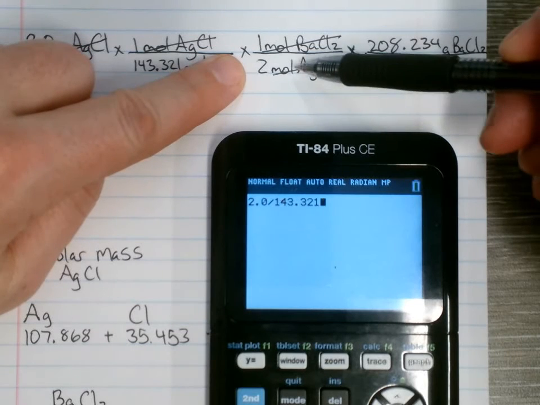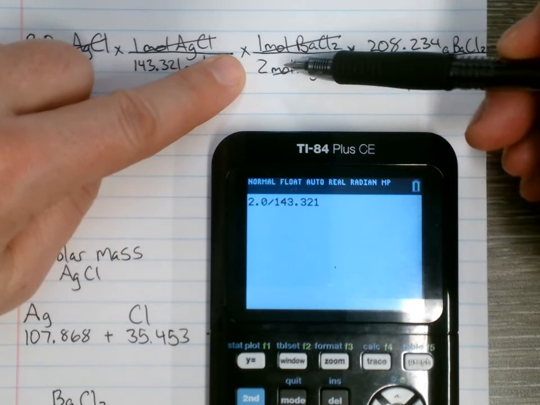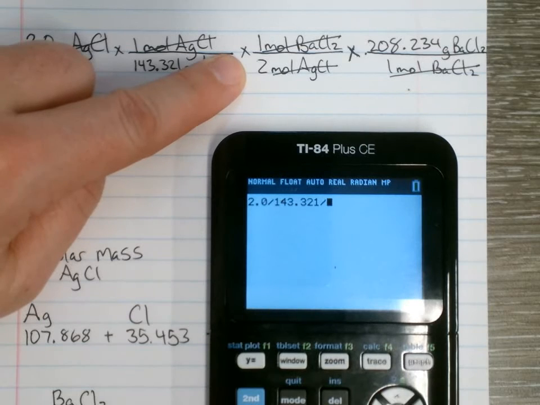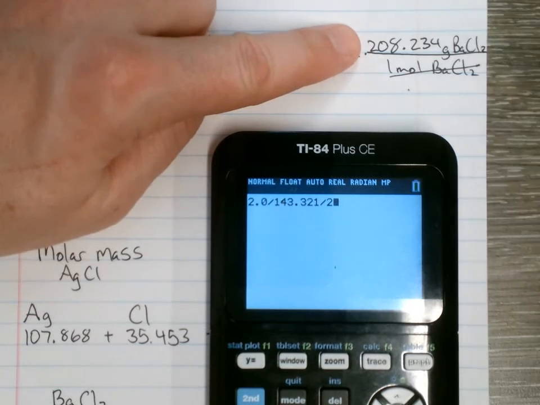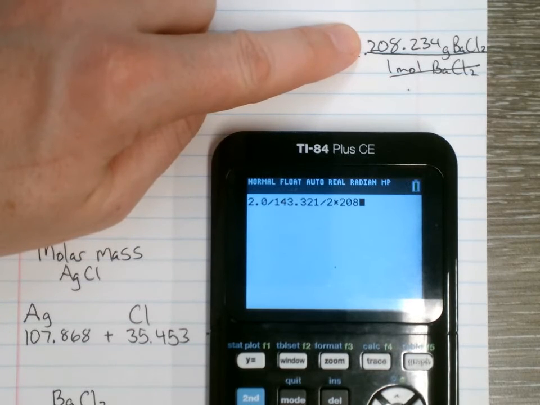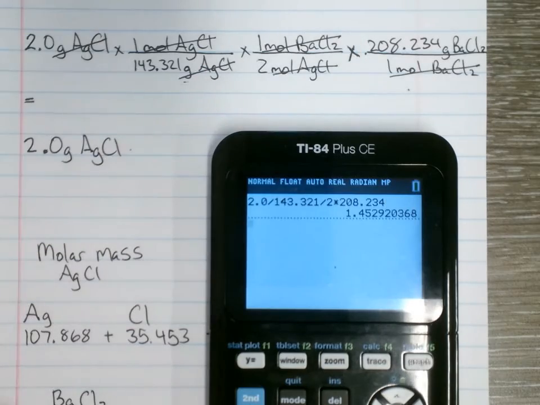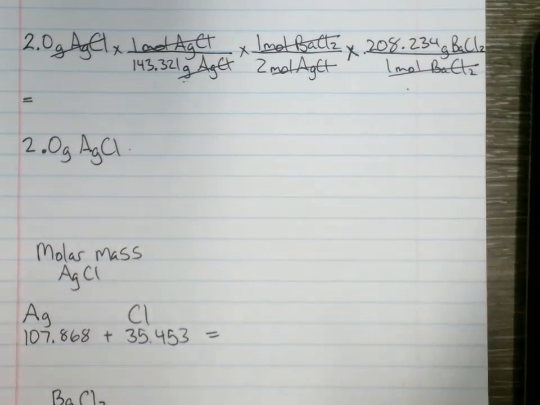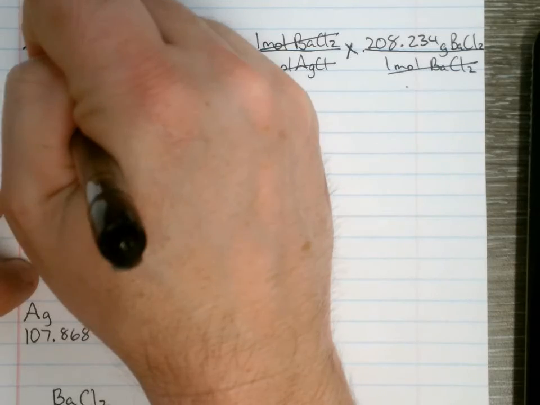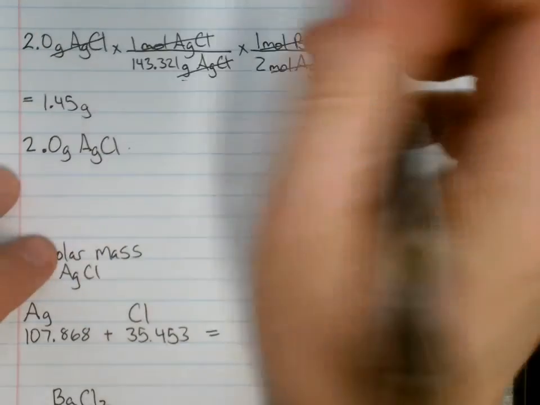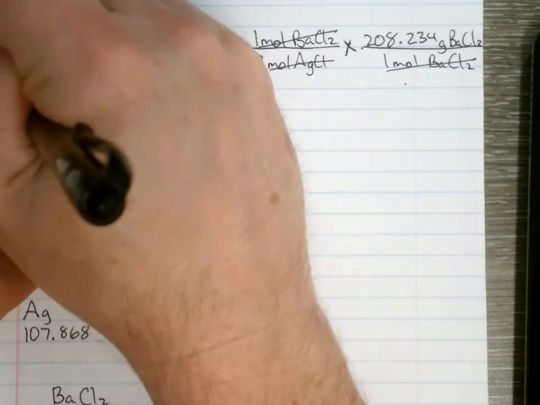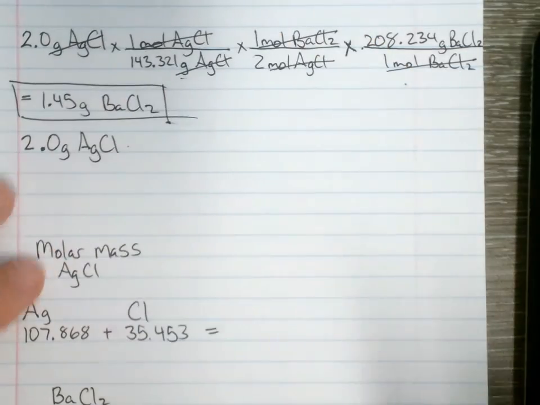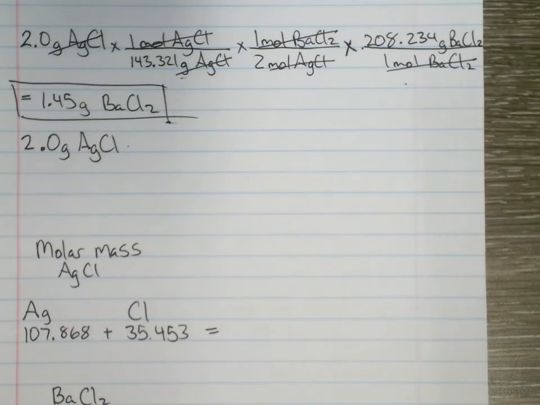Since this 2 is in the denominator, we divide by 2, and 208.234 is in the numerator. That gives you 1.45 grams of barium chloride. So there you go. That's how you get the mass of barium chloride.